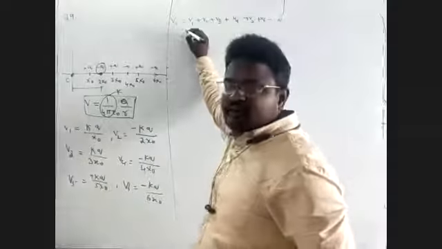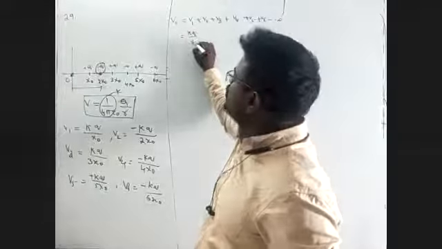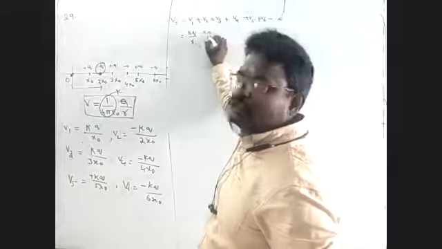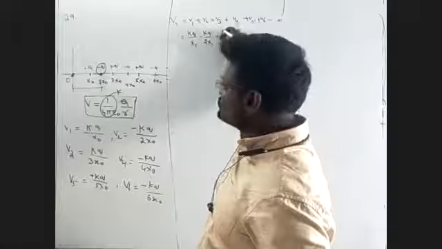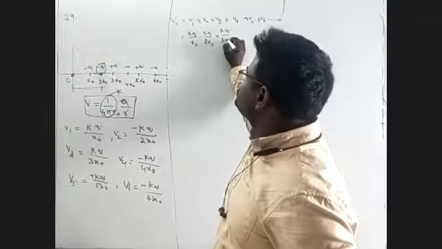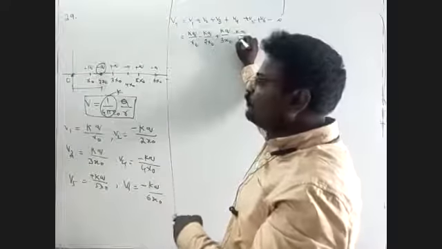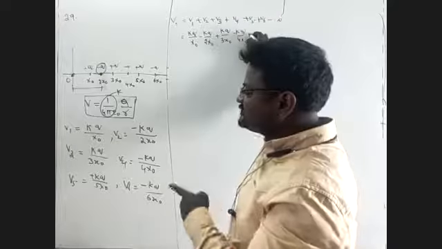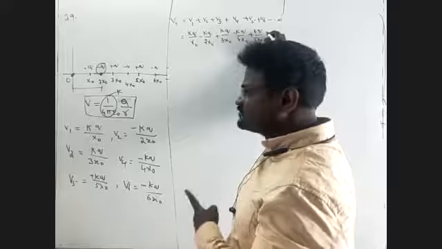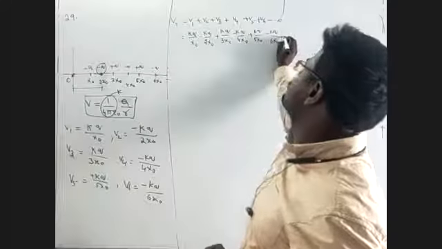That is K Q by x naught minus K Q by 2x naught plus K Q by 3x naught minus K Q by 4x naught plus K Q by 5x naught minus K Q by 6x naught, and so on.